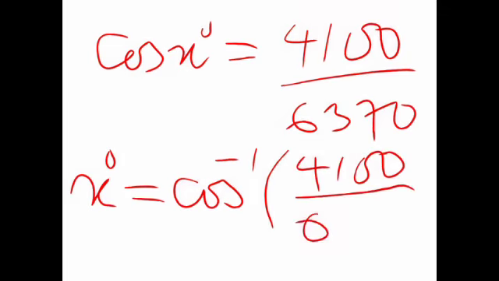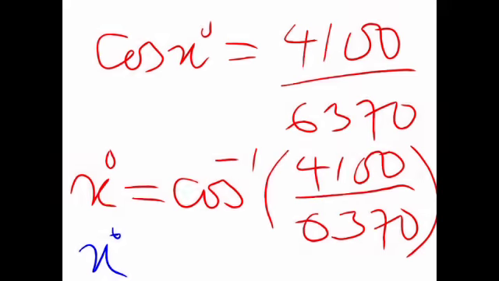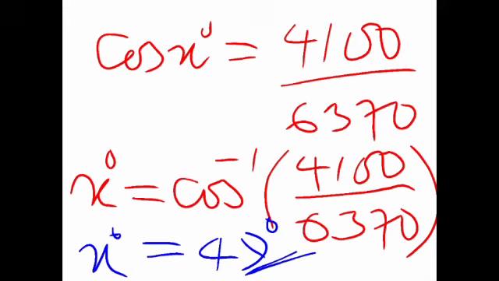You have to punch the inverse on a calculator, which is found by accessing the second function or the shift. So x degrees is equal to 49 degrees. If you punch the inverse of cos of 4,100 over 6,370, you are going to find 49 degrees.